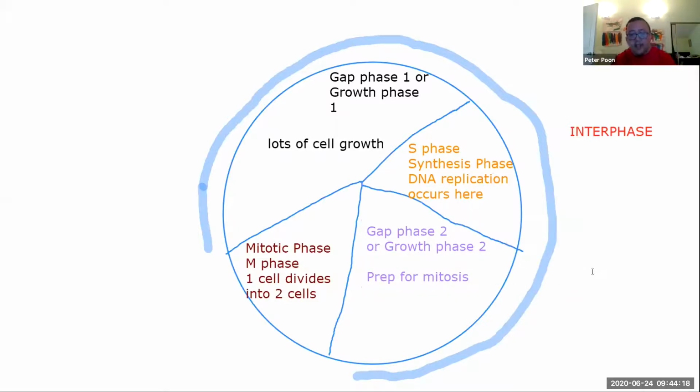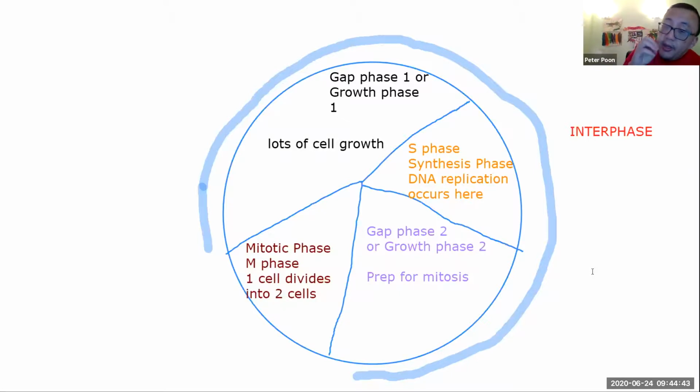Growth phase 2 is the prep for mitosis. Mitosis requires a lot of proteins and a lot of enzymes and a lot of energy to be made. And during the phase, you don't have time and energy to make anything.